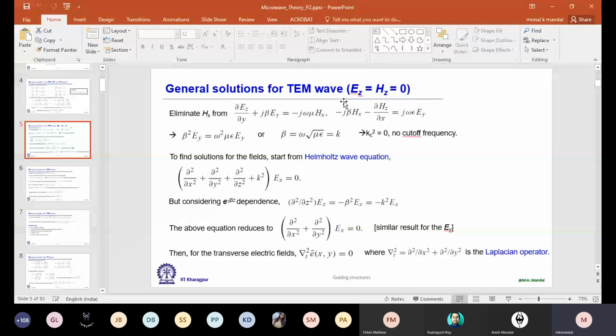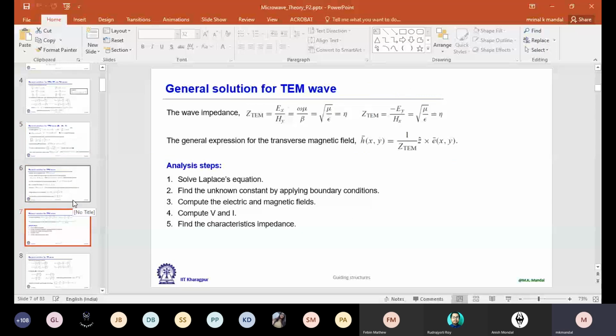If it is zero, we can't directly use that relationship. Later I will come to this point when discussing one example. In general, for most cases, we start with the Helmholtz wave equation, which you learned in your EM theory, and after that we use the boundary conditions to find the electric and magnetic field relationship.